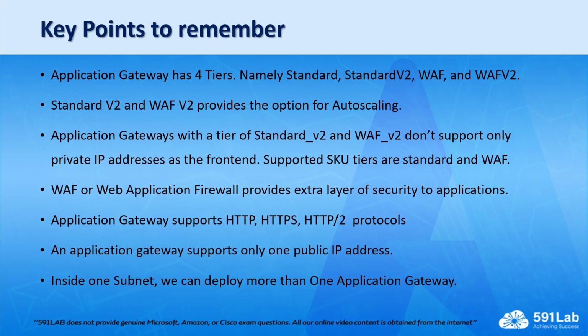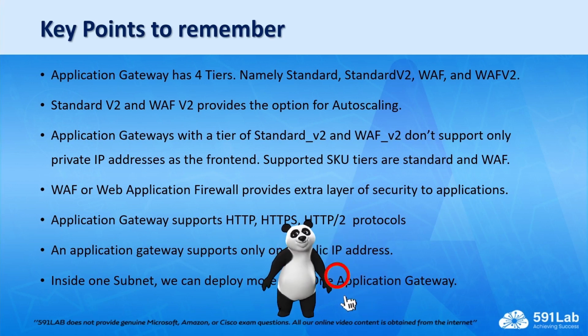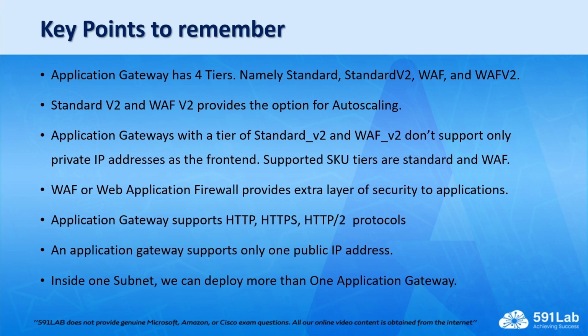Now, inside one subnet, we can deploy more than one application gateway. This is also one of the prerequisites for deploying application gateway: we need a dedicated subnet. A dedicated subnet for application gateway means that subnet can only be used to deploy application gateways.